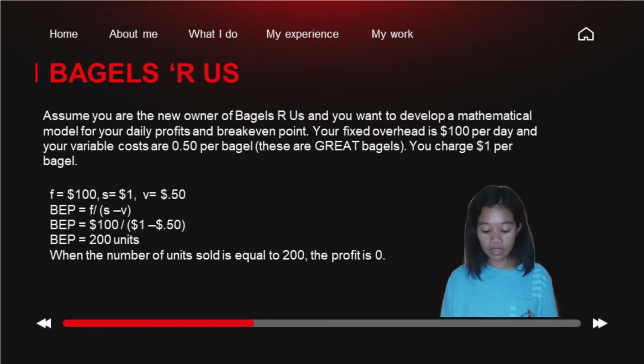The formula for BEP is F over S minus V. So, BEP is equal to 100 over 1 minus 0.50. So, the BEP is 200 units. As we all know, when the number of units sold is equal to 200, the profit is 0.